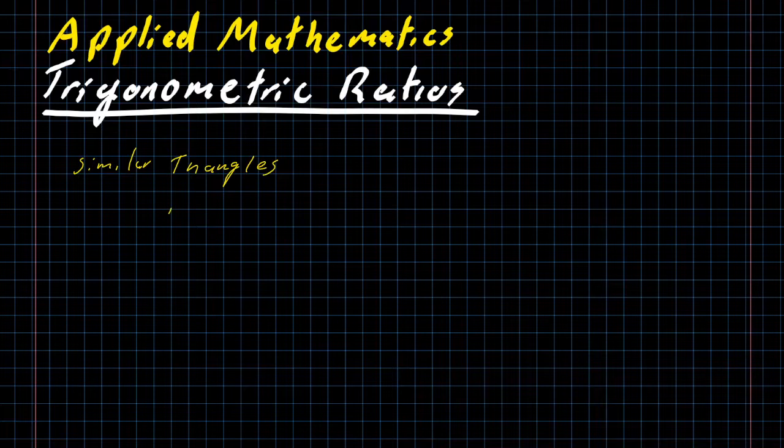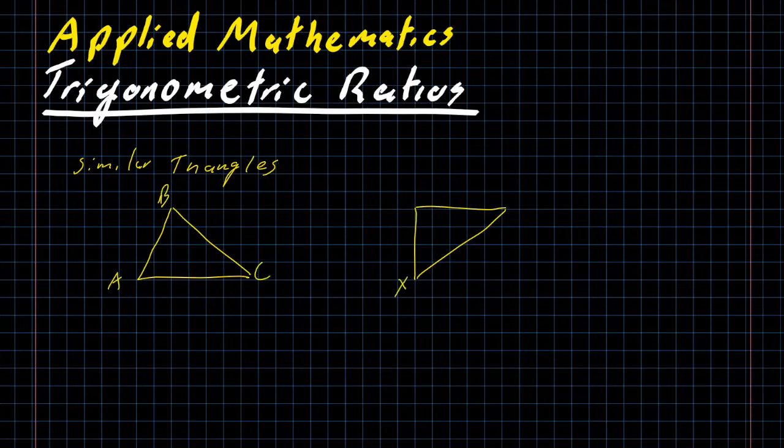We know that if we have two triangles, let's say ABC and XYZ here, and we set it up so that measures of angles match up.